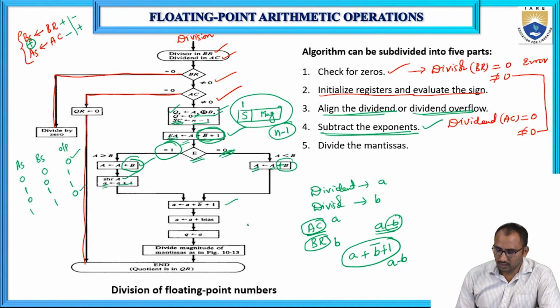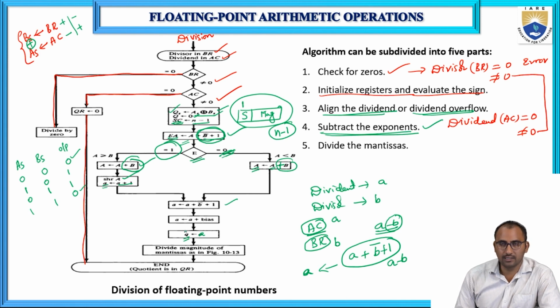Once their exponents are subtracted, we have to store that. The final result will be stored in a. That final exponent will be copied to q.